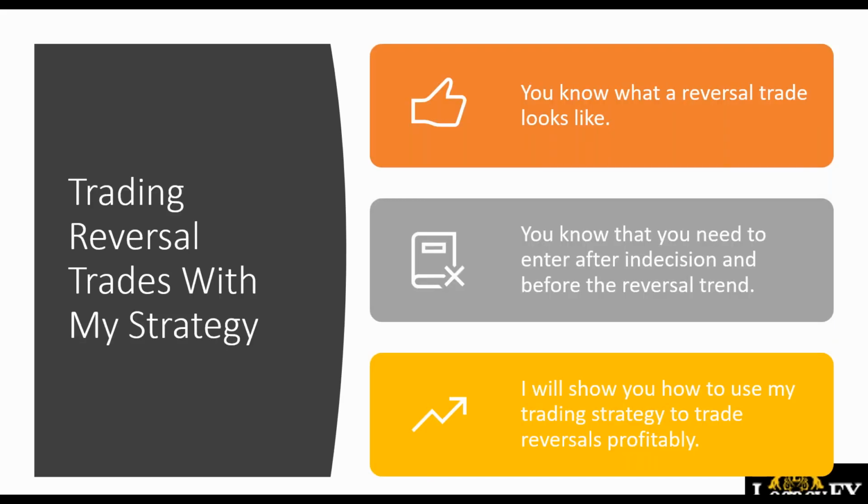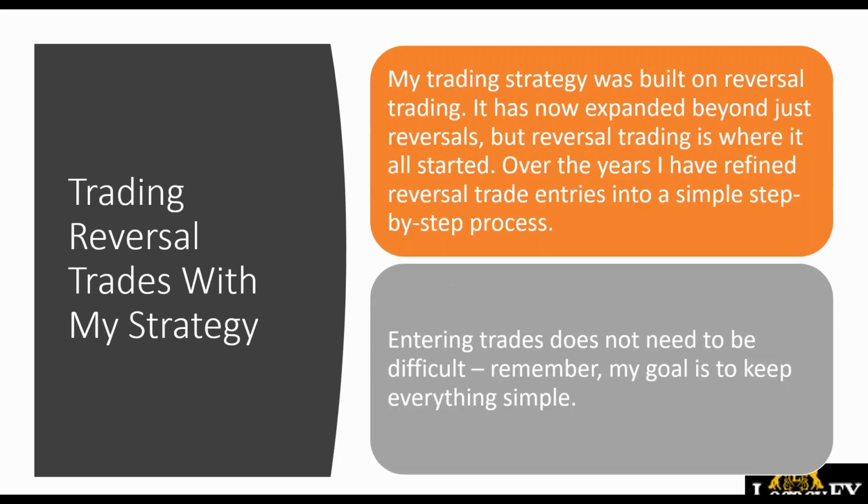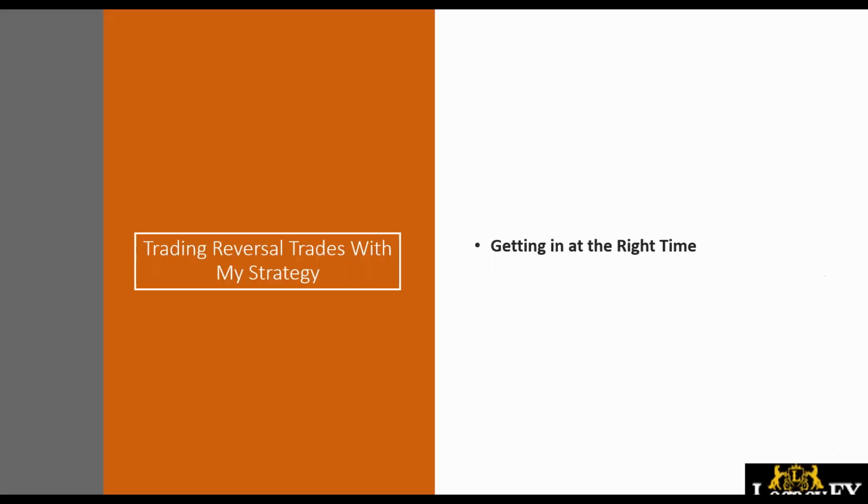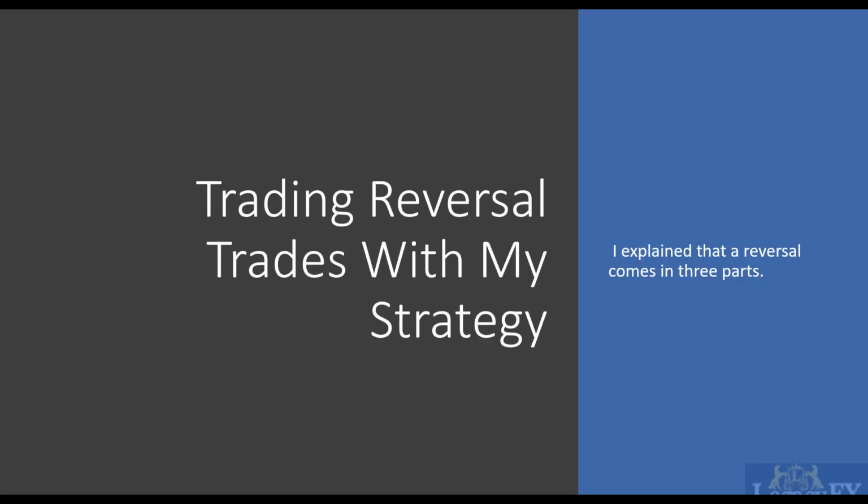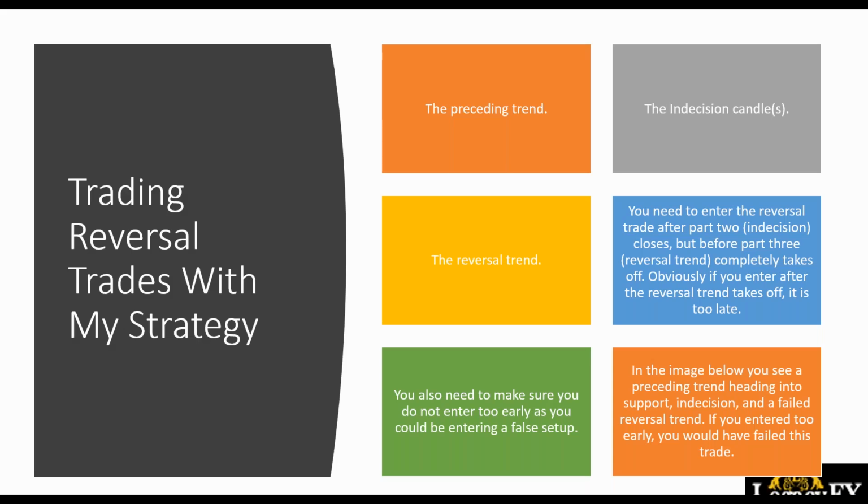So where do we enter a trade? You know what a reversal trade looks like. You know what you need to enter after an indecision candle and before the reversal trend. Entering trades does not need to be difficult. It's just getting it right. So first we look at the preceding trend, we look at the indecision candle, and then we would look at the reversal trend.